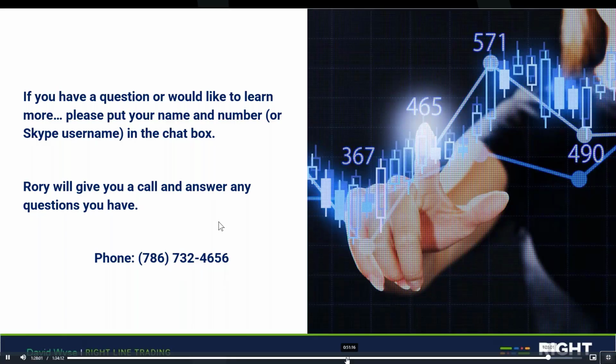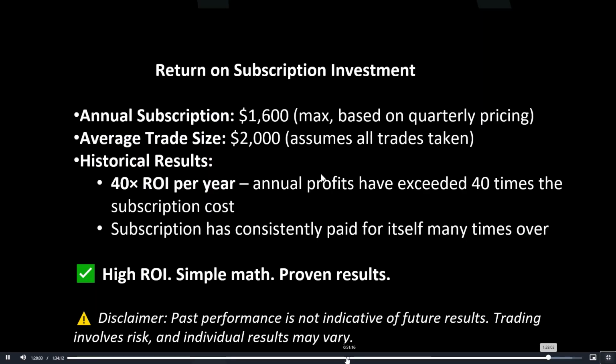And one thing I did, a little return on subscription here. This is a return on subscription investment. I assumed that the maximum would be $1,600, which is if you took the quarterly for a year. That's about $1,600, a little less. The average trade size of 2,000, assume all trades are taken. The historical results every year, you get a 40 times ROI per year.